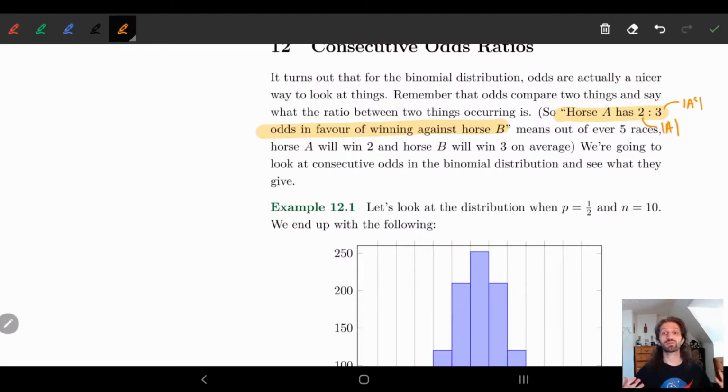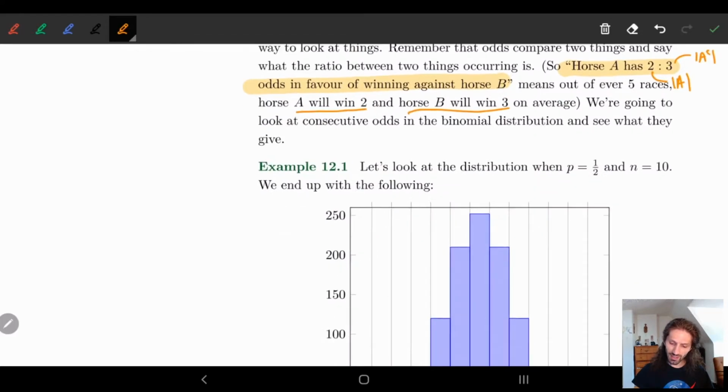So this is the perfect way to use the binomial distribution. In this case, we know that horse A will win 2 times and horse B will win 3 times on average. So we're going to look at the binomial distribution in terms of odds to see what this gives. And it turns out it gives us something super nice and actually helps with the binomial distribution. Let's look at an example.